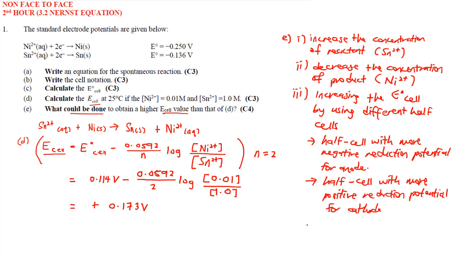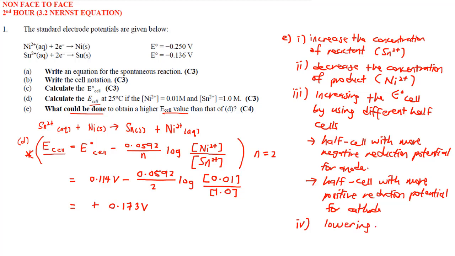Okay, and another thing, if you refer back to the lecture notes, look back at the original formula of the Nernst equation before we simplify it. It has an expression for temperature too. So to get a higher E cell value, another thing we can do is to lower the temperature.